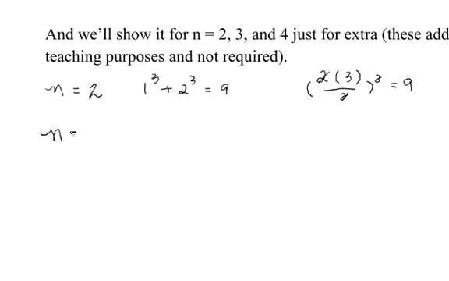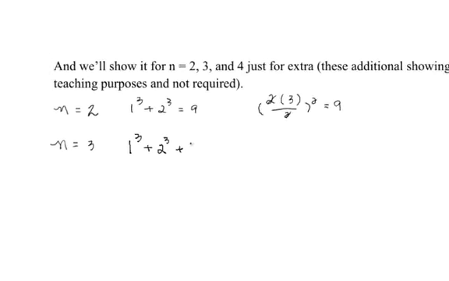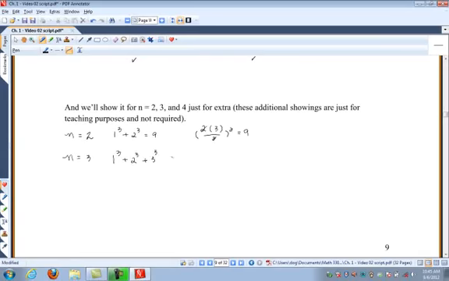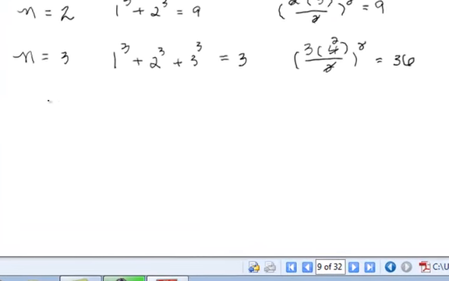For n equals 3, you would have 1 cubed plus 2 cubed plus 3 cubed, and that equals 36. And then on the other side, you would have 3 times 4 divided by 2, quantity squared. 2 goes into 4 2 times. That's 6 squared equals 36. So this is really working.